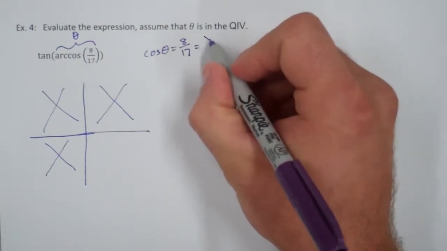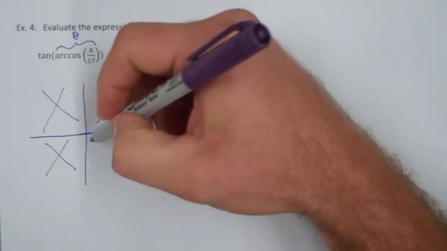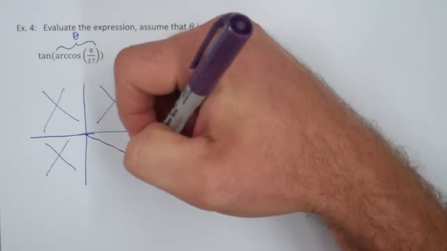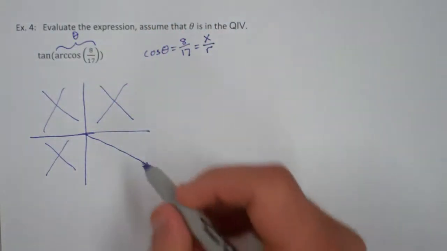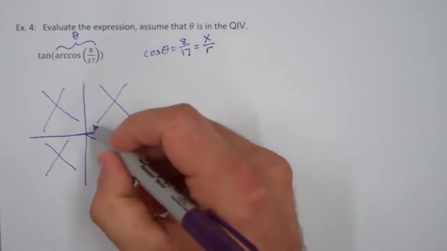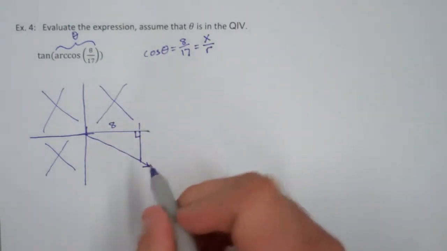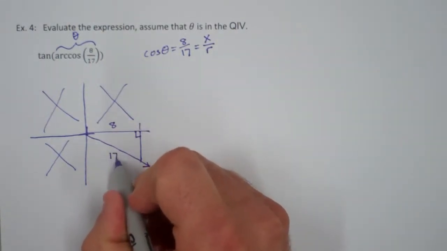We know that the cosine on the coordinate plane is x over r. So if we draw this angle over here in the fourth quadrant, and let's create a reference triangle, we know that this distance from here to here will be 8, and then r is 17.